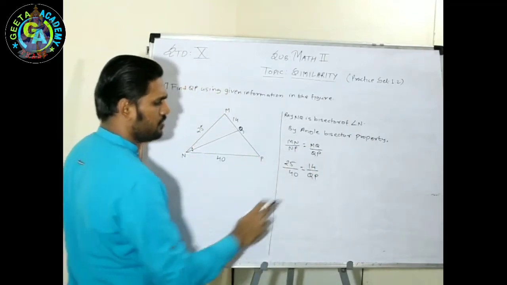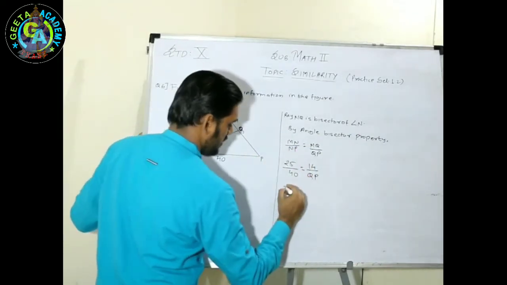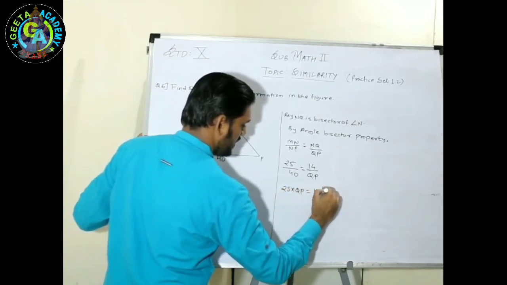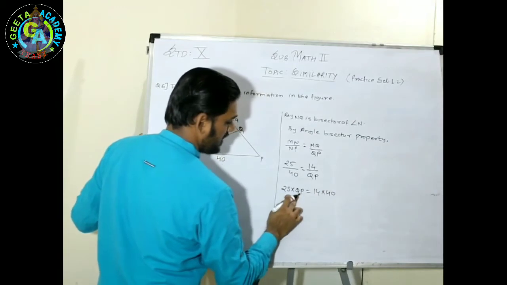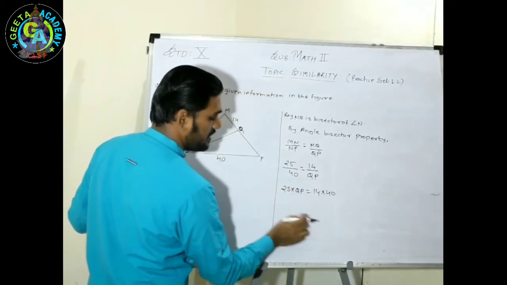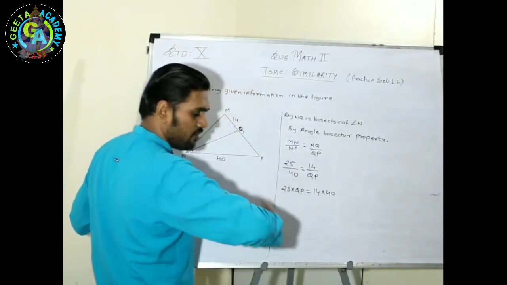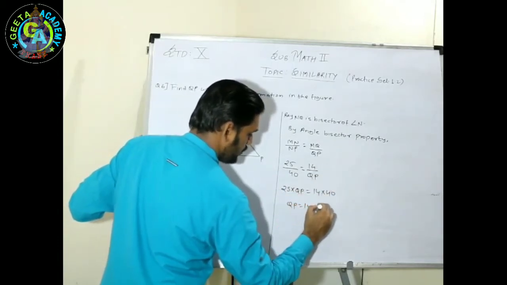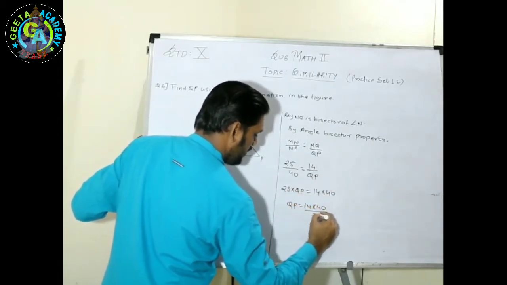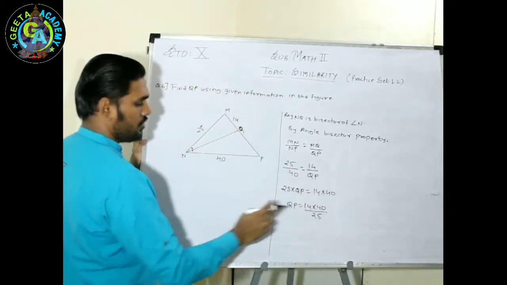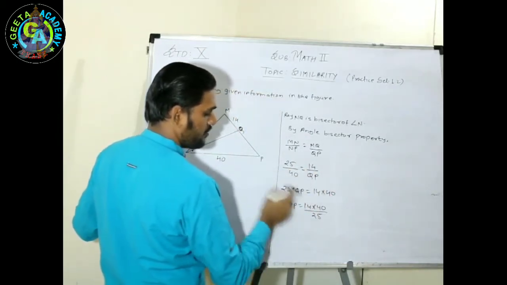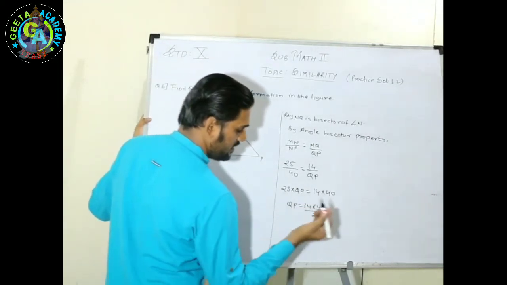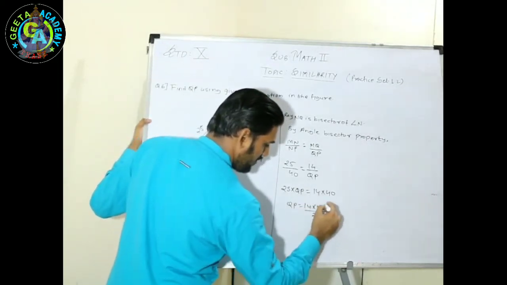Now we have to cross multiply. So 25 multiplied with QP is equal to 14 into 40. Now as we have to find QP, 25 will shift, it was multiplying, so it will divide. So QP is equal to 14 into 40 upon 25. Now 25 cannot directly divide 40 or 14, so we'll take a number that can cut both 40 and 25. 5 you can cut, 5 fives are 25, 5 eights are 40.